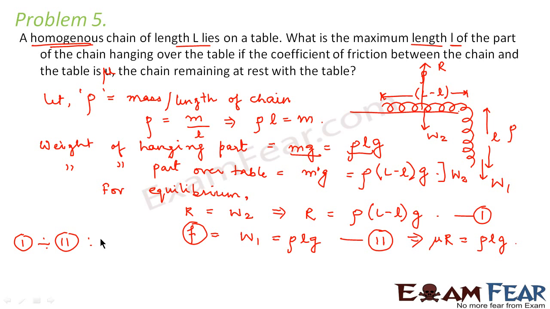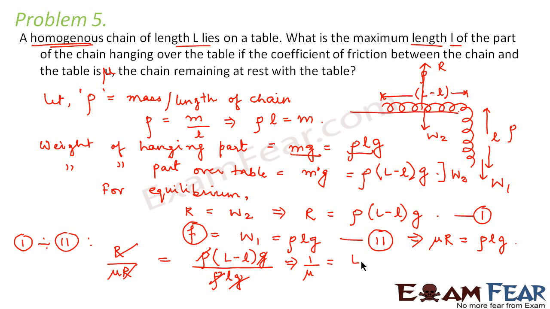Dividing, we get R divided by mu R on the left, and rho into (L minus l) into g divided by rho lg on the right. So we get 1 by mu is equal to (capital L minus small l) divided by small l.